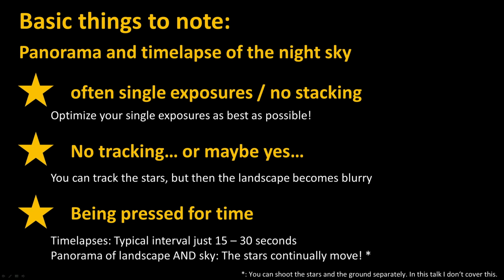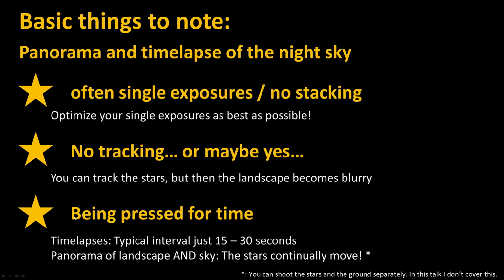That means, if you do tracking, then the stars are going to be sharp and the ground is going to be blurry. Or if you don't do any tracking, then you have a limit on how long you can expose the stars in one single exposure.